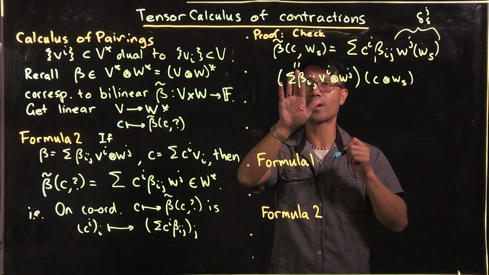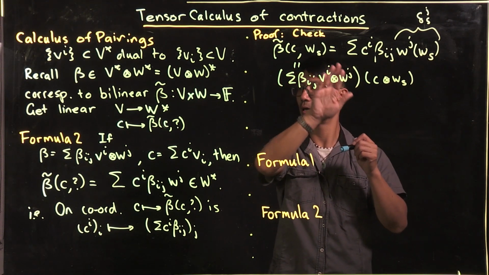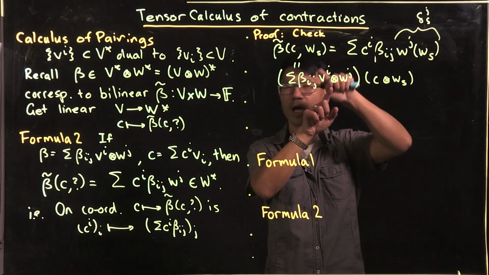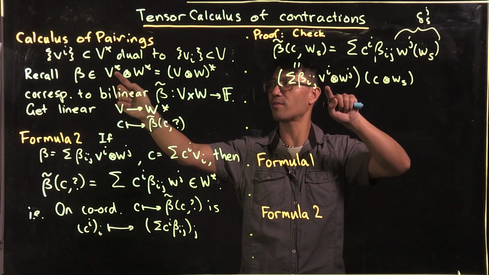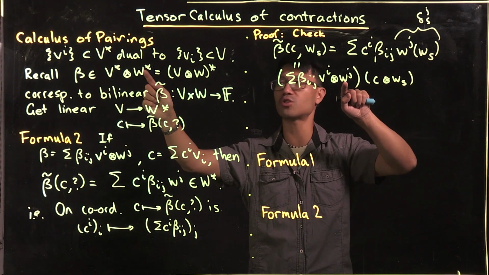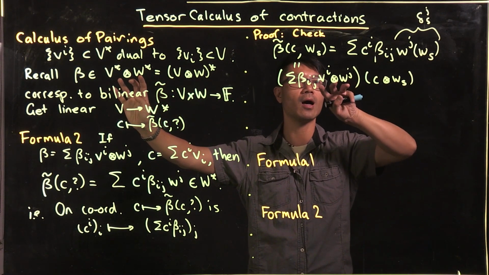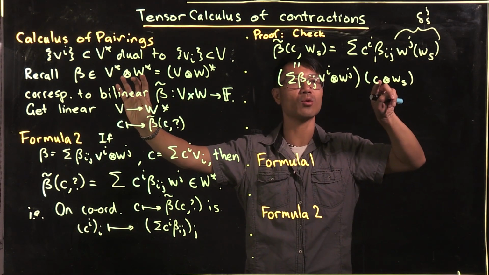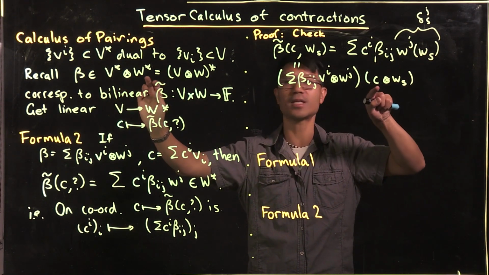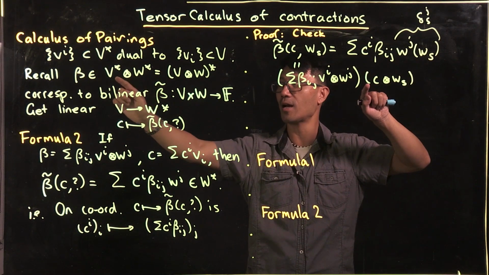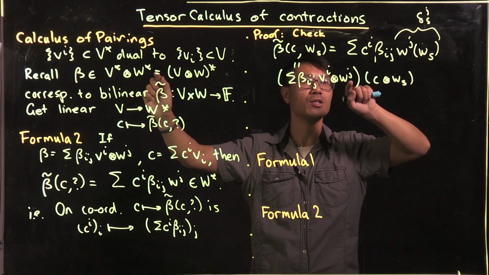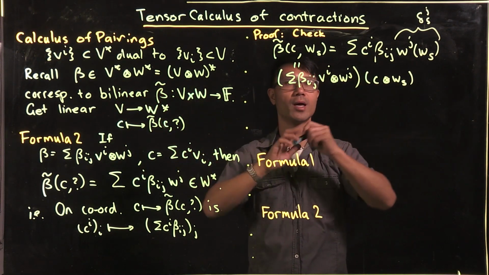So this is a linear combination of these linear maps, so you can pull that out. And how does this tensor, so the v^i is inside this V dual, w^j is inside this dual, what is the value of this at this tensor? The way it works is you do v^i of c, that's going to be some scalar, because v^i is in the dual space of V, so when you substitute some element of V, you get a scalar, and then you multiply that by w^j of w_s.